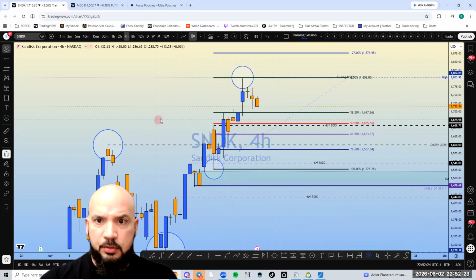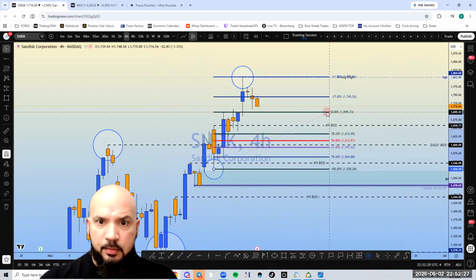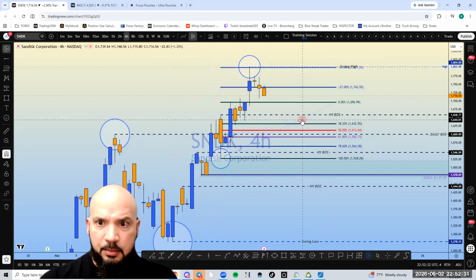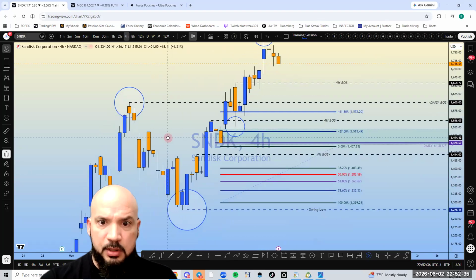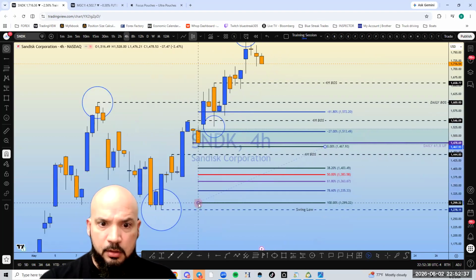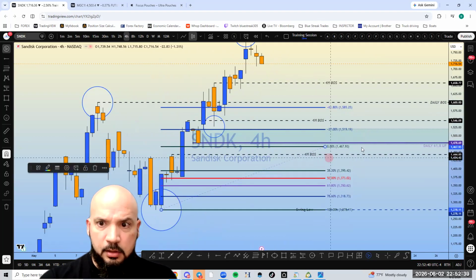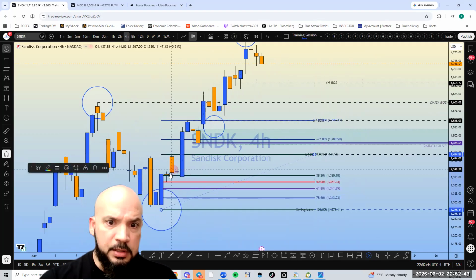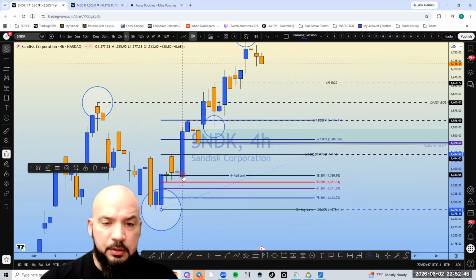First thing I want to do also with the fib is see what this thing likes. Because I could be coming looking for a 618, but I don't know what it likes. So let's see what this leg was doing. This is a low. All right, so this is a 38.2 retracement.